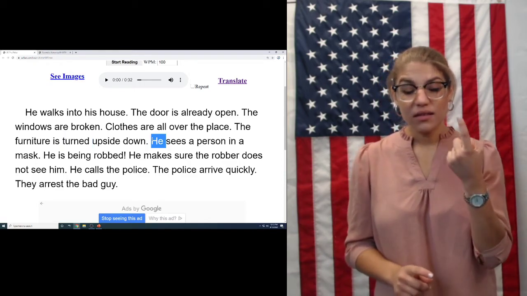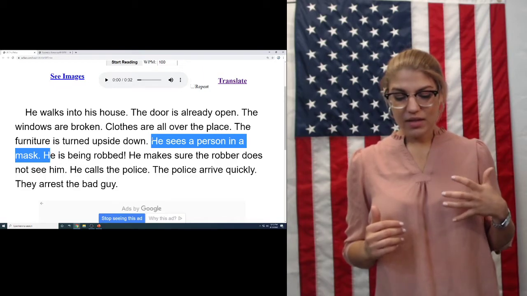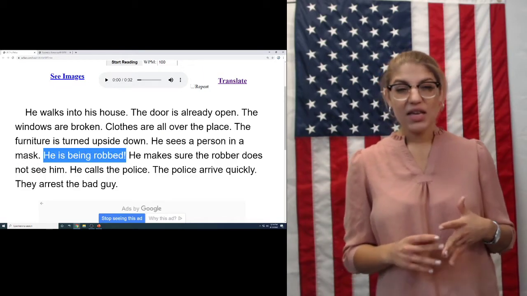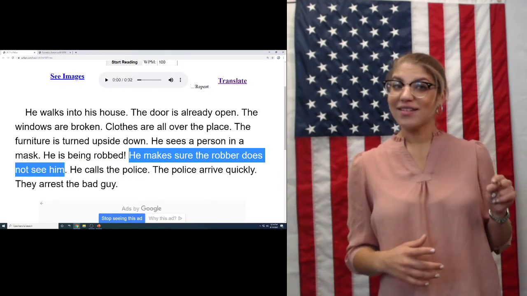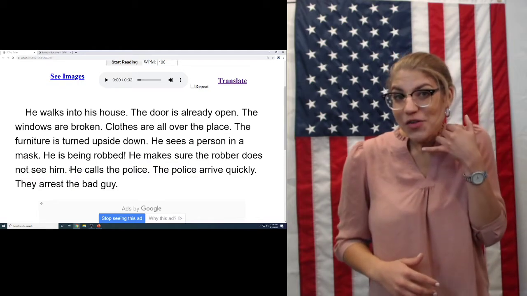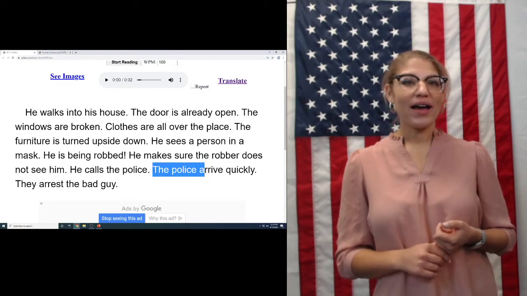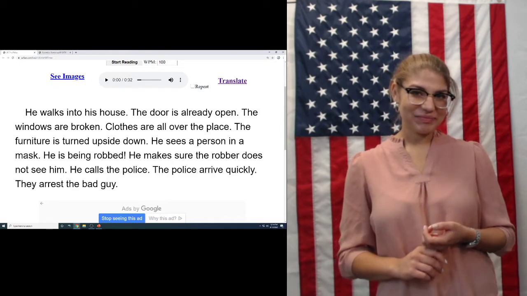He sees a person in a mask. He is being robbed. He makes sure the robber does not see him. He calls the police. The police arrive quickly. They arrest the bad guy.